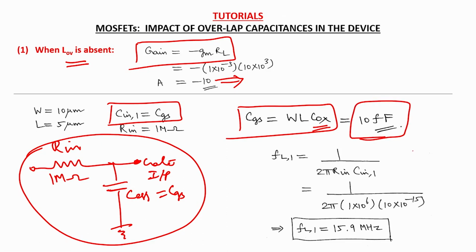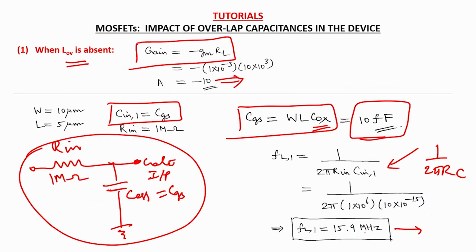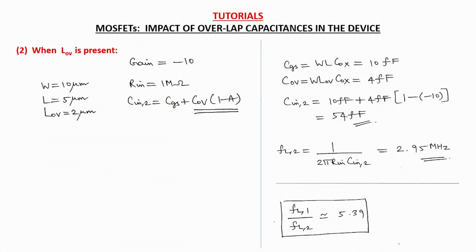So the input cutoff frequency is nothing but 1 by 2 pi RC at the input, where R is the effective input resistance, and C is nothing but the CGS value. So plugging in values, you can see that for this amplifier with no overlap, the cutoff frequency comes around to be 15.9 megahertz.